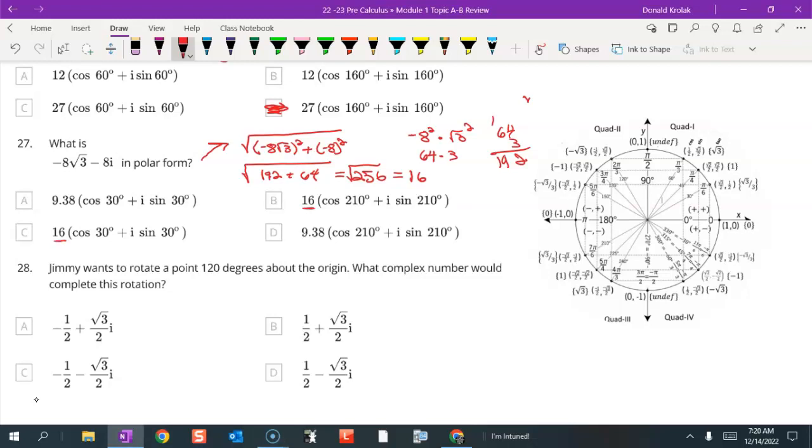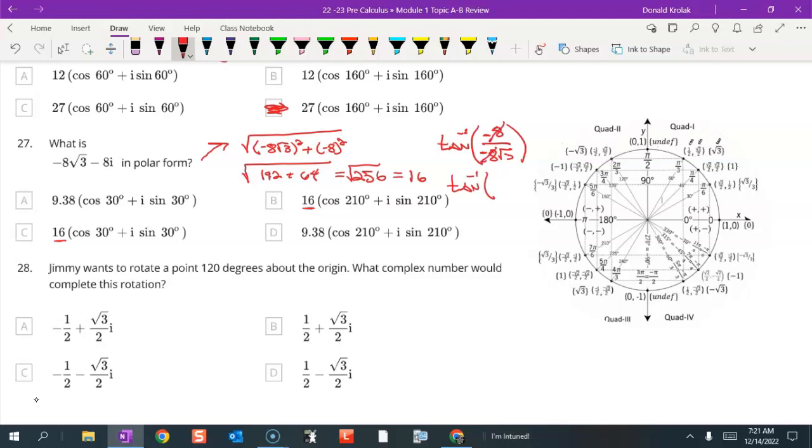All right, then I've got to do my angle. So my angle for this one is going to be the arctan of b, which is negative 8, over a, which is negative root 3. So that's arctan.